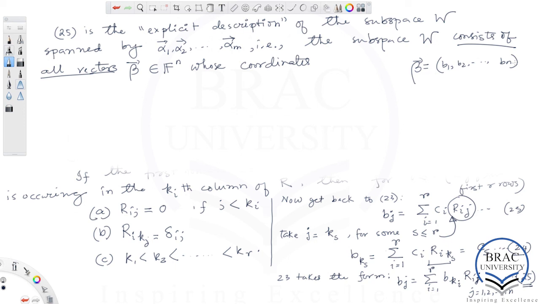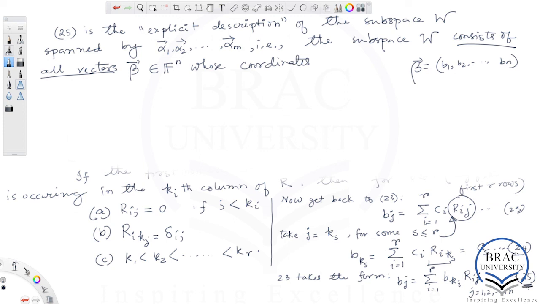The basis consists of those non-zero rows of the row reduced echelon matrix R, which we denoted by rho 1, rho 2, all the way up to rho r. With respect to this basis, the coordinates of this vector beta are given by small b's, and the expressions for the small b's are given by equation number 25.